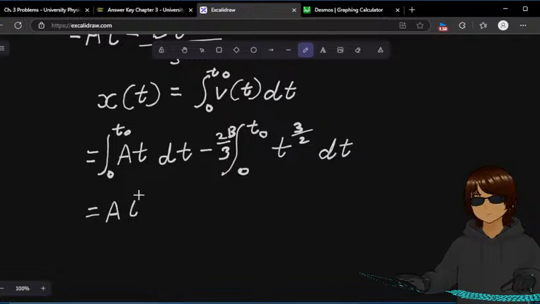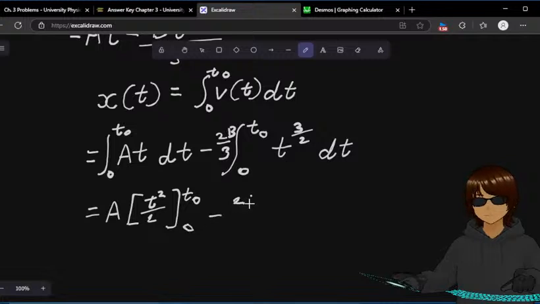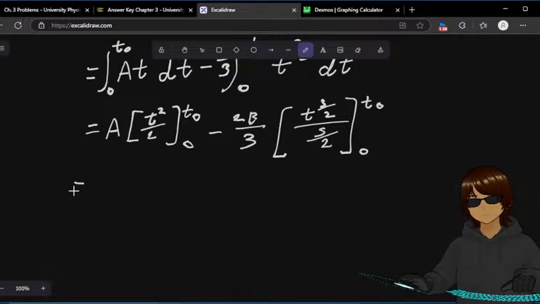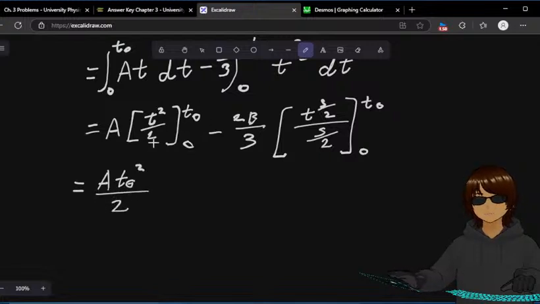This will be 2b over 3, t to the power of 5 over 2 over 5 over 2. The 0 part isn't going to have any effect, only t naught, because the 0 will cancel out.